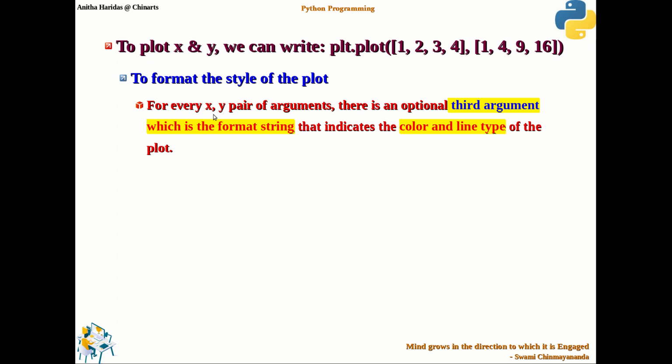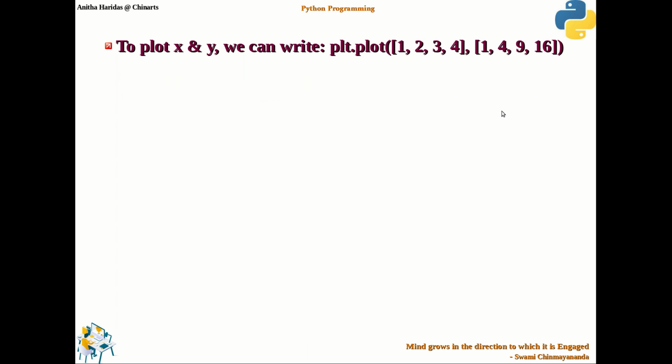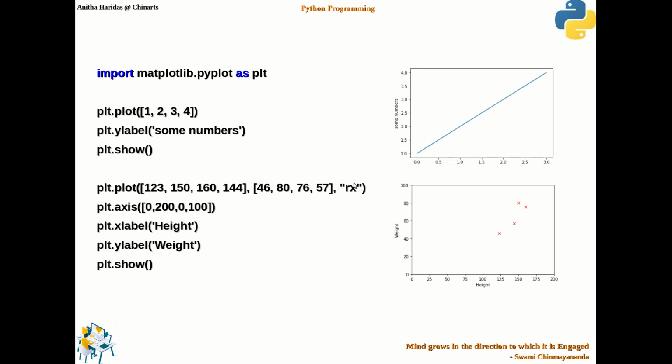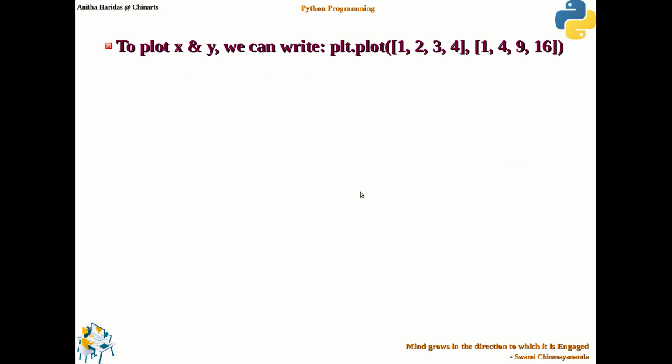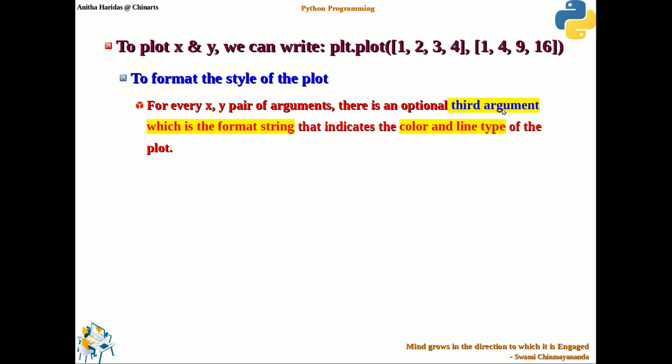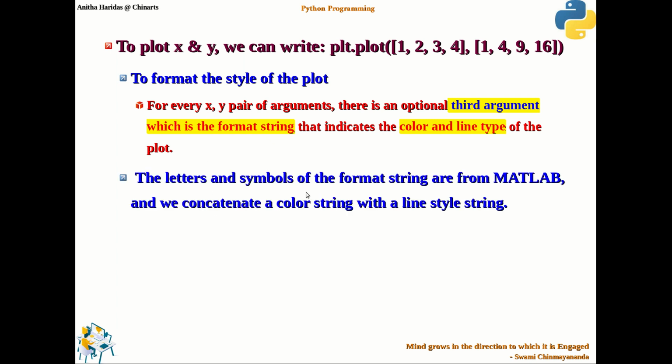For every x and y pair of arguments, you have to give an optional third argument, which is given here. The third argument is the format string that indicates the color, red in the example, and the line type, which is x for the plot. The letters and symbols of the format string are used from MATLAB, and we concatenate a color string with the line style.